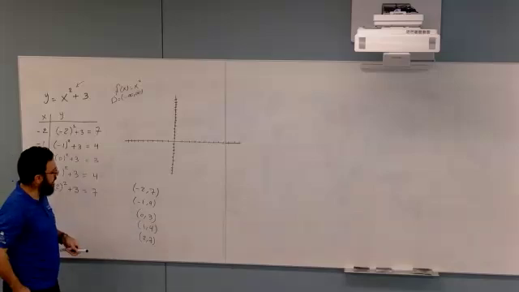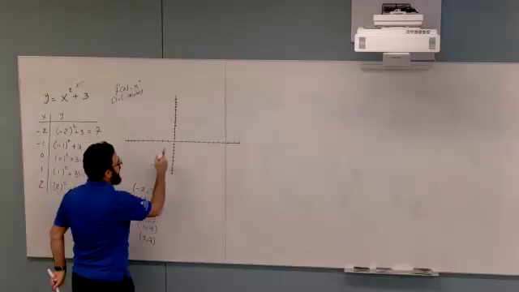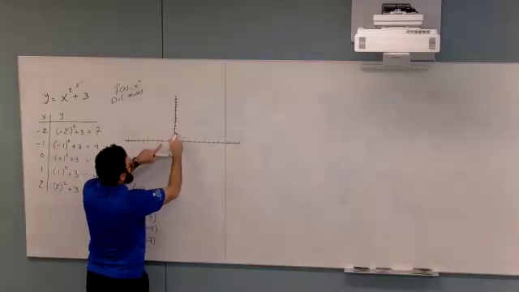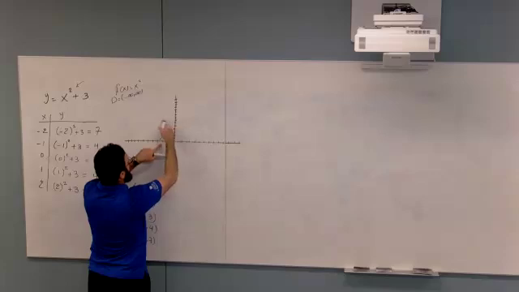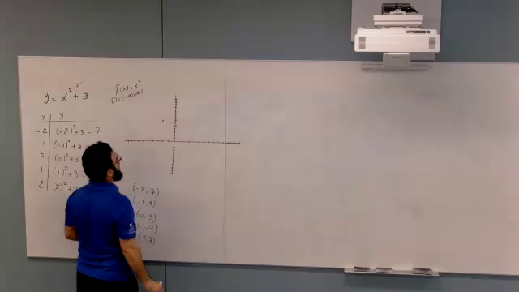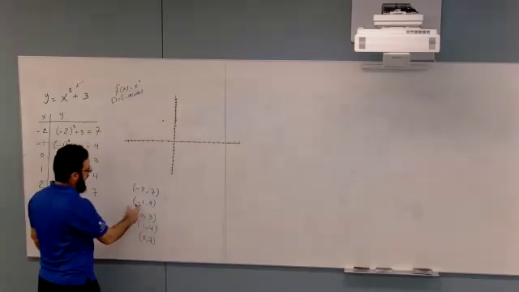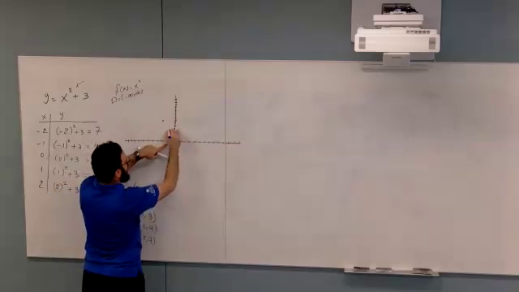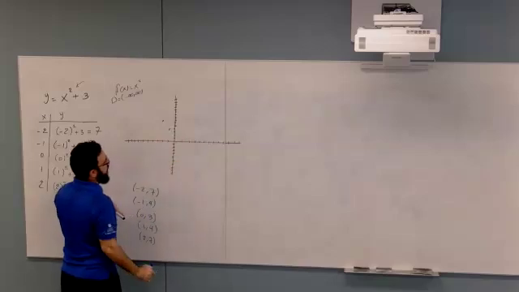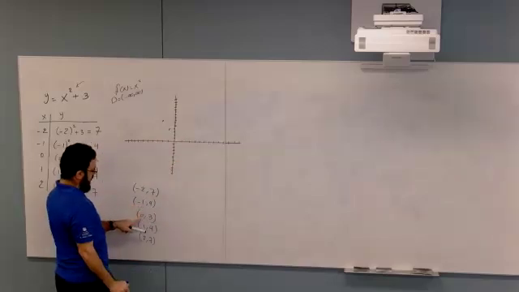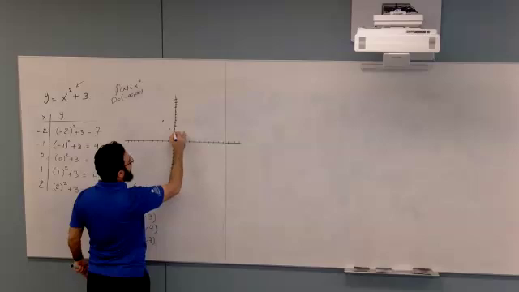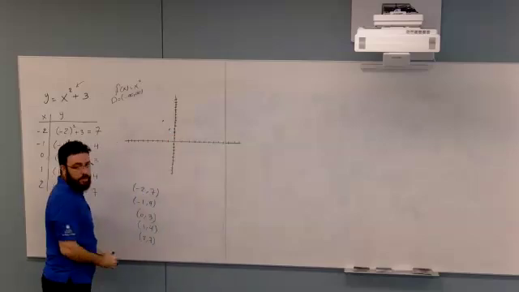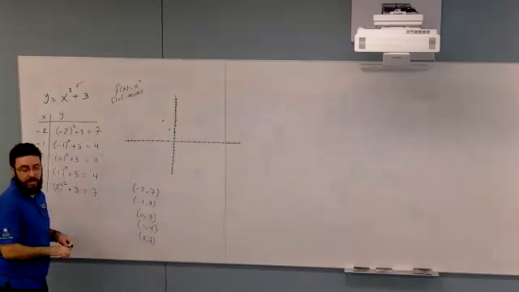Now to graph this function, I just have to graph these points. Negative 2 and 7. 1, 2, 3, 4, 5, 6, 7. It's going to be here. The first number. Negative 1 and 4. This is negative 1, 1, 2, 3, 4. This is the second one. 0, 3, 1, 2, 3. Okay.